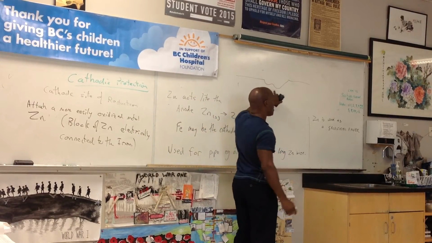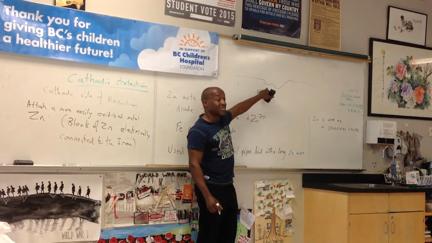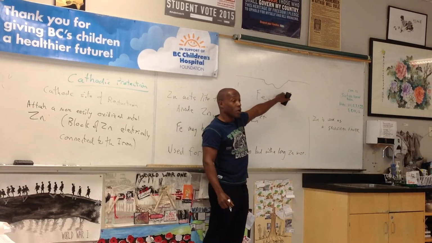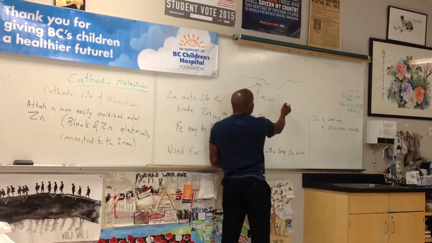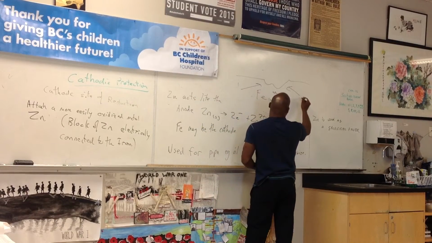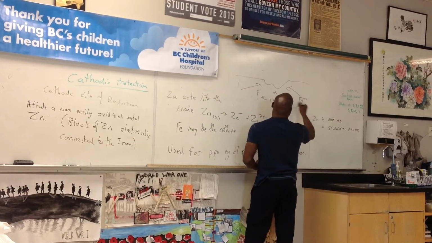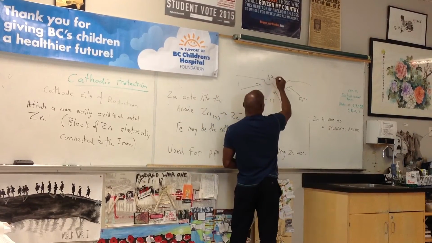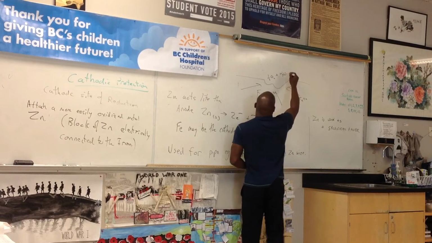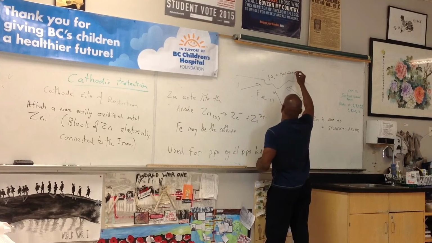One of the things to note is that the oxidation doesn't necessarily occur where the chip in the paint is. The oxidation often occurs at some distance away, where the iron is giving up its electrons, and the electrons flow to the surface where they meet the oxygen and the water and get your hydroxide.